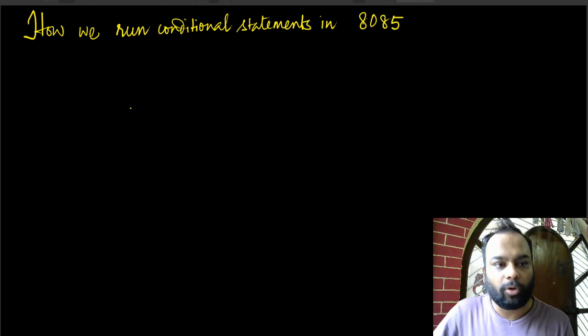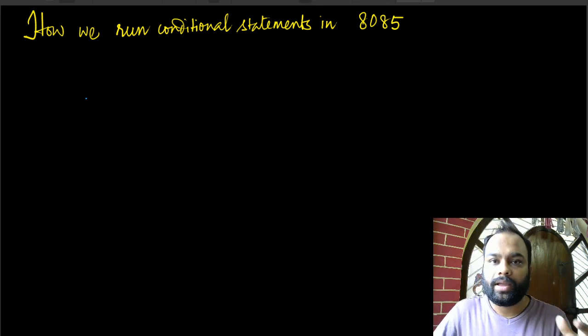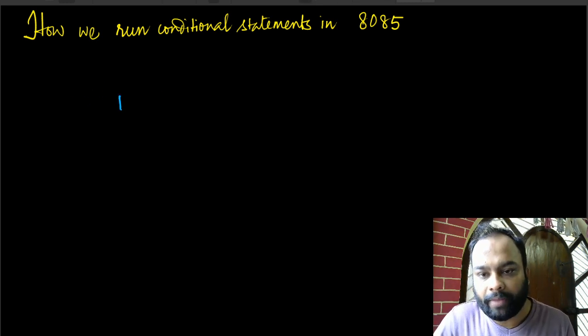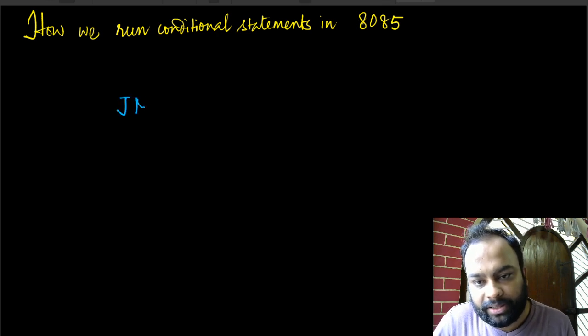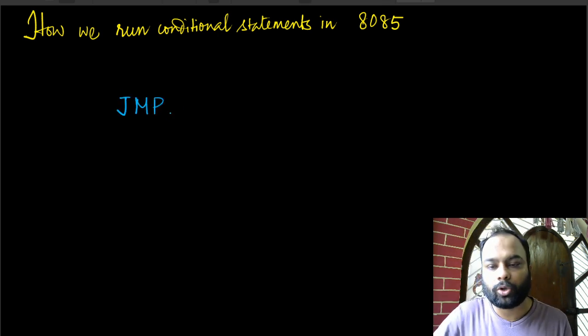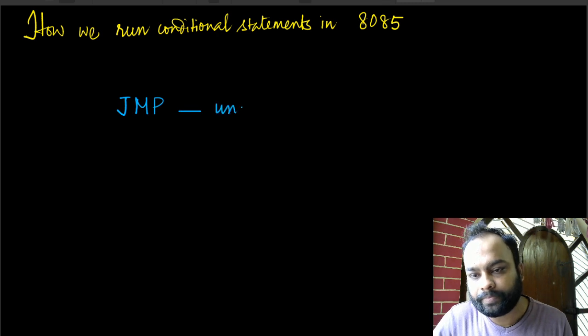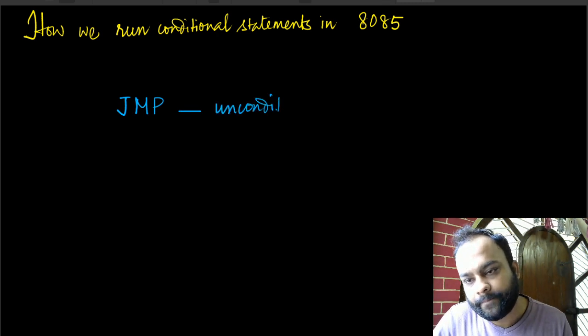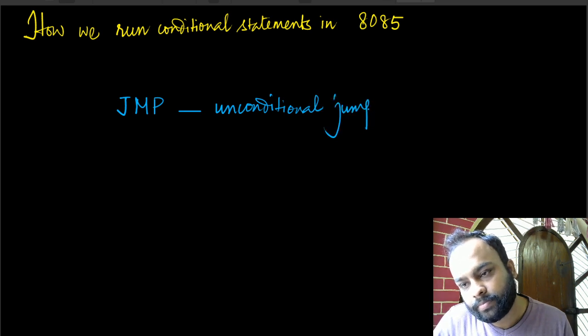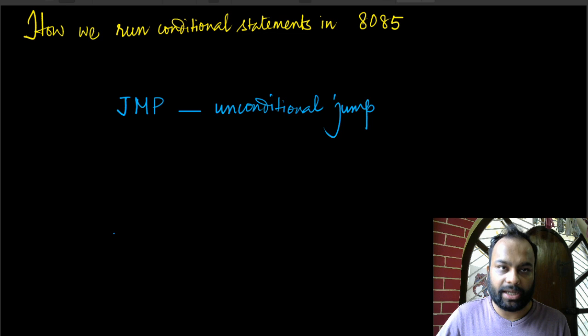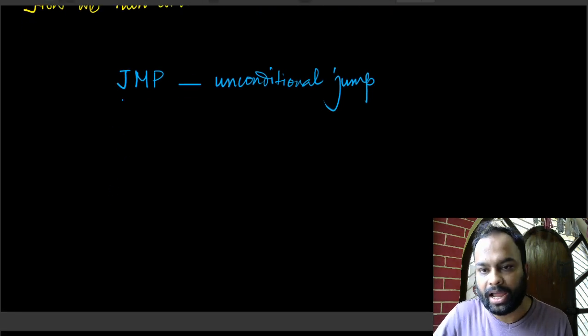There are a few jump instructions. There is JMP, which is known as unconditional jump. We shall see what jump instruction means and how they work.